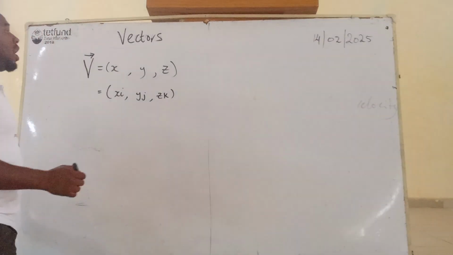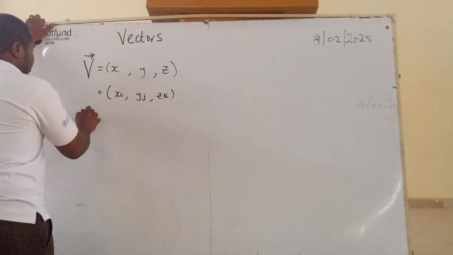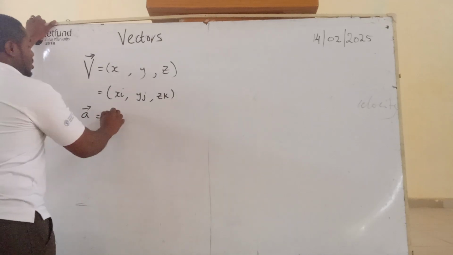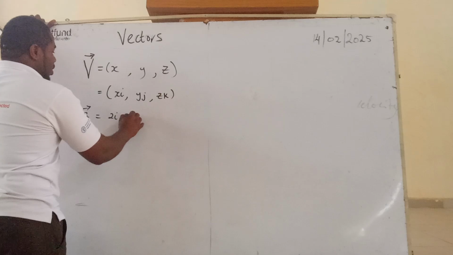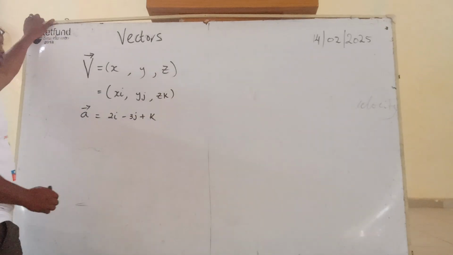For instance, if I have a vector A, I can represent this vector as 2i minus 3j plus k. This can be a vector.